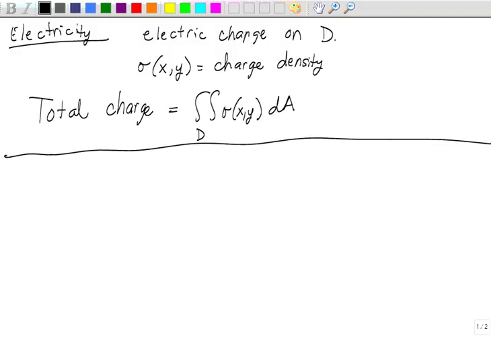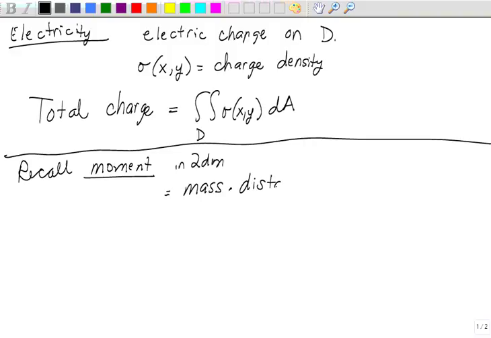Okay, and then let's talk about moment. We call moment in two dimensions mass times the distance that the object, or the point, is from an axis.